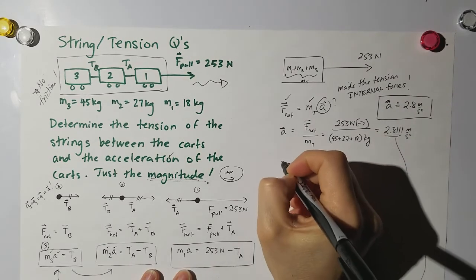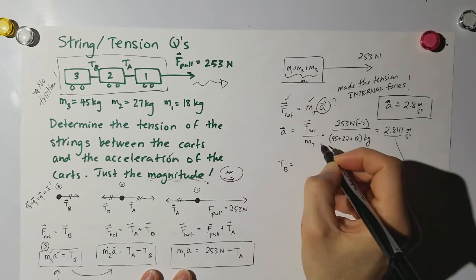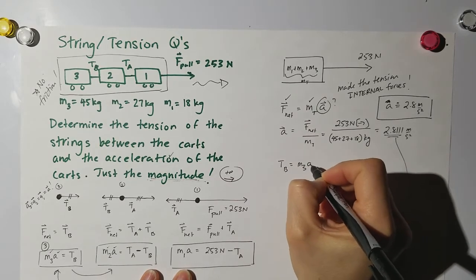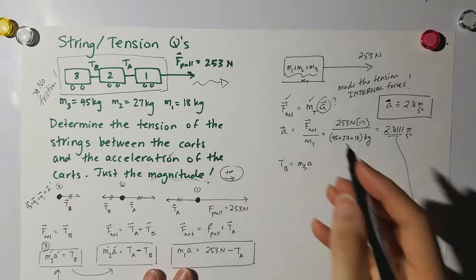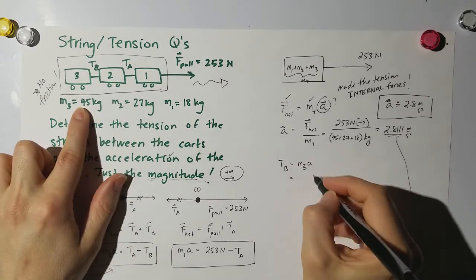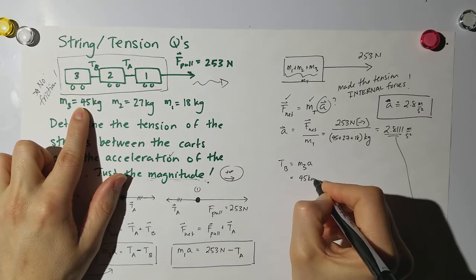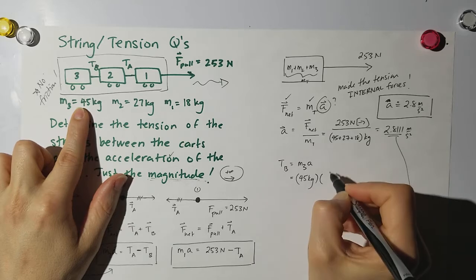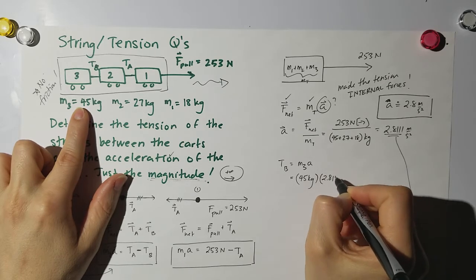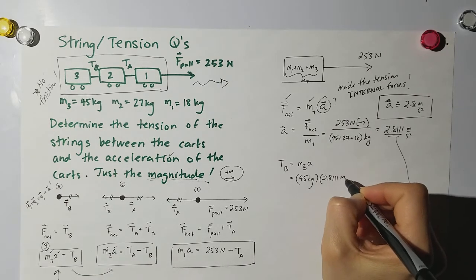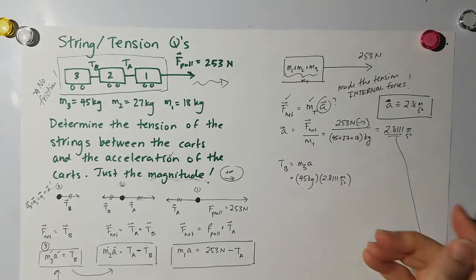So solving for TB, okay, that's equal to M3 times A. And M3, if I go up here, is 45 kilograms. The acceleration is 2.8111 meters per second squared, and that's also going to give me newtons.